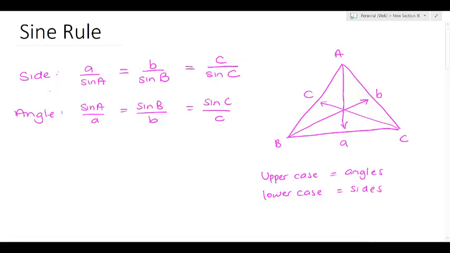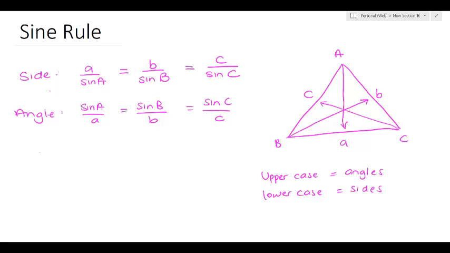If we look back at the two rules, we actually have three sets of fractions. It's not necessary to use all three sets to solve for unknown sides and angles. Two sets of fractions is enough.